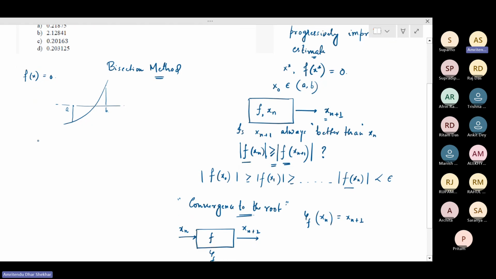Let's say you have a function f of x, and an interval within which you know that a root must exist. Of course, f is a continuous function, so that is equivalent to saying that f of a times f of b is less than 0. You are assuming here that there is a single root between a and b.